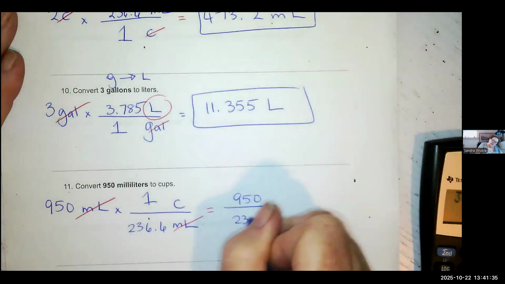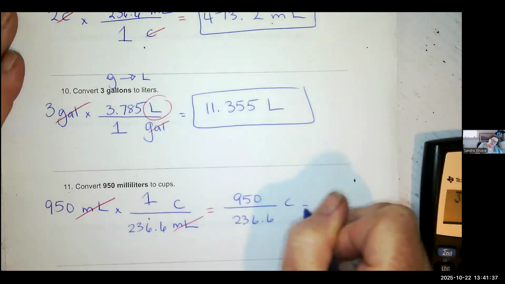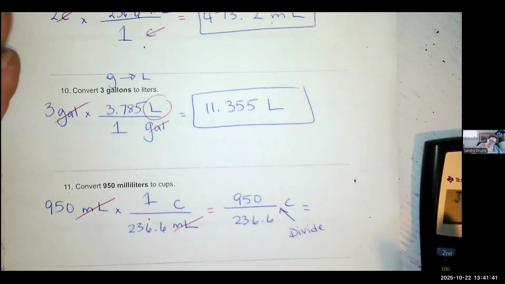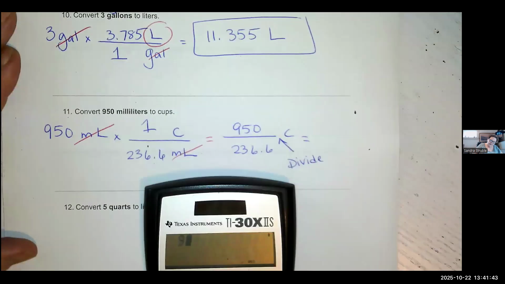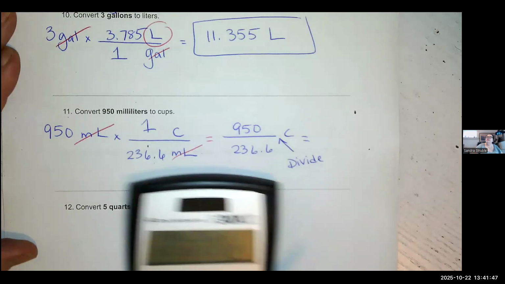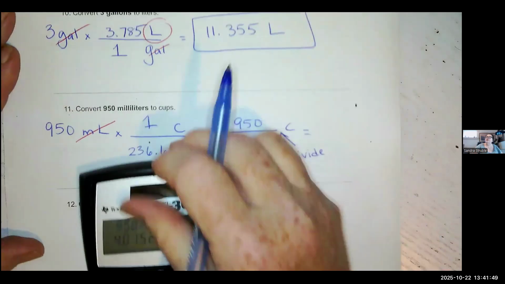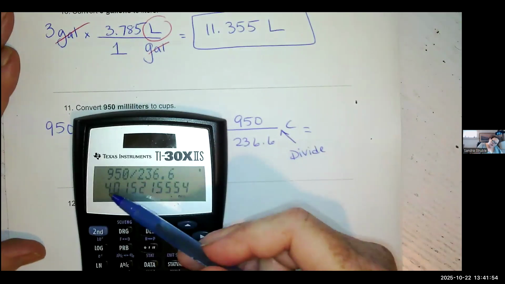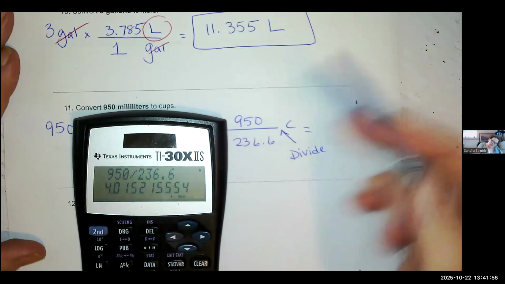Do not forget to divide because we have a number stacked on another. So 950 divided by 236.6. All right, we're going to have to round this. Let's just round it to 2 decimal places as well. So 4.015.